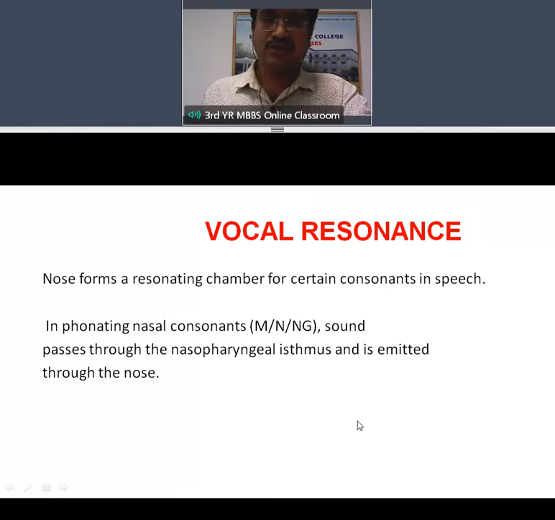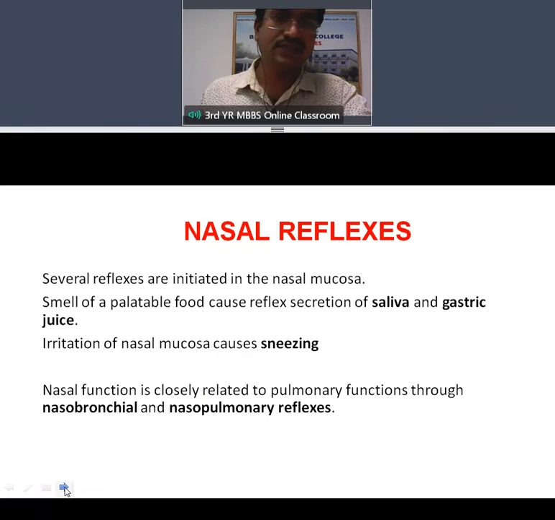So whenever we are phonating these words, the air will come from the oropharynx to the nasopharynx. That is called the nasopharyngeal isthmus. So that will give resonance to the voice. Suppose there is any blockage in the nasal cavity or nasopharynx, then we lose that resonance to the voice. So that is called denasal voice or denasal speech.